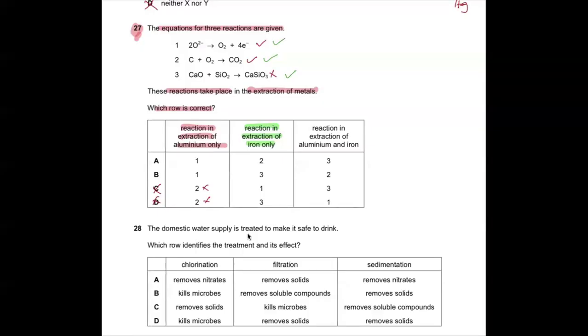And this occurs in the iron. So all three occur in the iron. That is three. And the reaction in extraction of aluminium and iron, so the two, because see, these two are taking place in both of them. So A goes wrong and B is the correct answer.